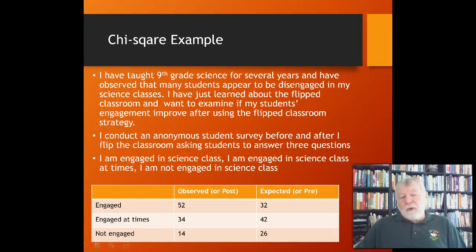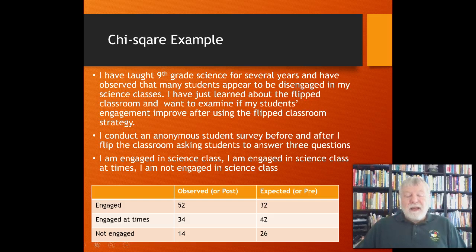Let's say that I have taught 9th grade science for several years and I have observed that many of my students appear to be disengaged in my science classes. I've just taken a class at the University of Richmond where I learned about the flipped classroom and want to investigate if my students' engagement improves after using the flipped classroom strategy.